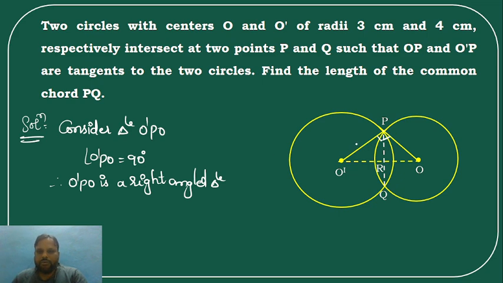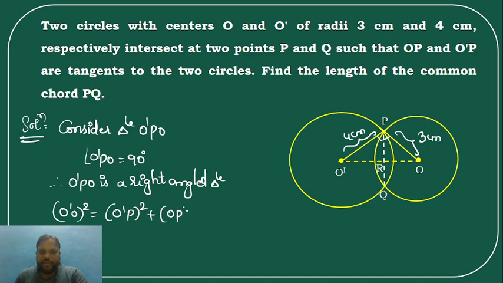O dash P is 4 centimeters and OP is 3 centimeters. So by Pythagoras theorem, what can I write? O dash O whole square is equal to O dash P whole square plus OP whole square.